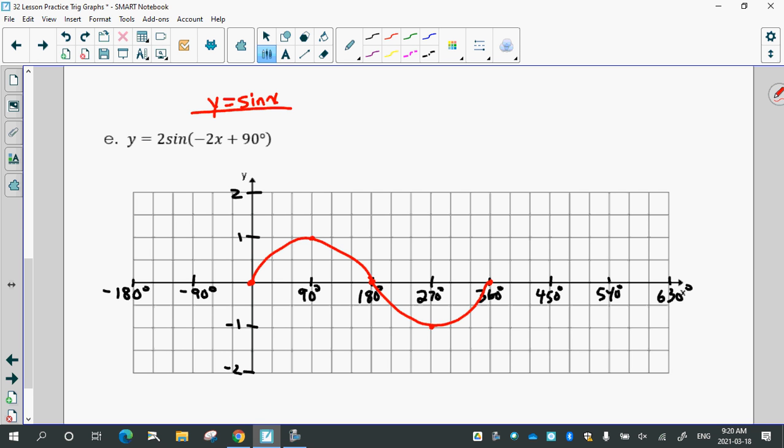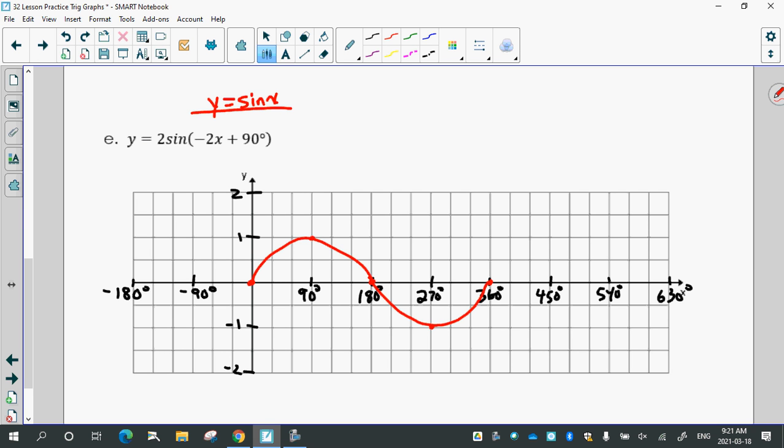All right, then you ask yourself if it's ready to highlight. Is it ready to highlight? No, this is the first one where it hasn't been, and that's because there's two things happening with the x, and it's not in factored form already. So we have to put it in factored form.